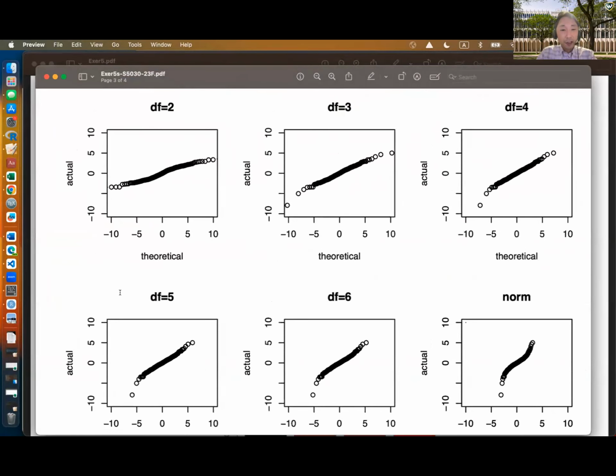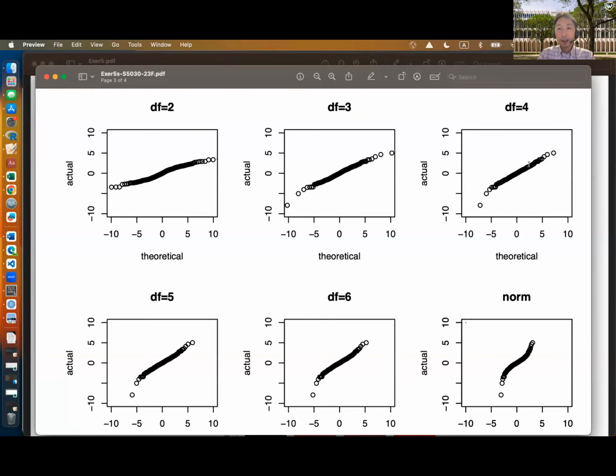Actually, one breakout room concluded this one is almost close to T5, but my best choice is maybe T3, possibly T4, because when we see outliers, T4 follows the most straight line, and T3 follows the most straight line.